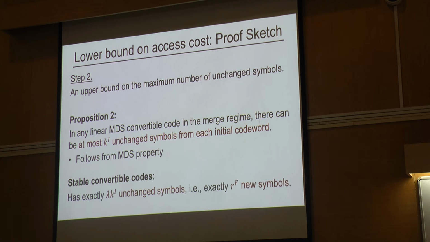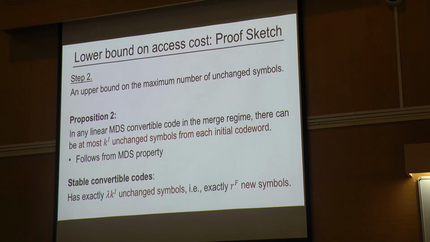Okay, so we call convertible codes stable if they meet this bound. That is, they have the maximum number of unchanged symbols, which is KI from each of the initial code words, which is lambda KI. If they have lambda KI unchanged symbols, then we call them stable convertible codes.